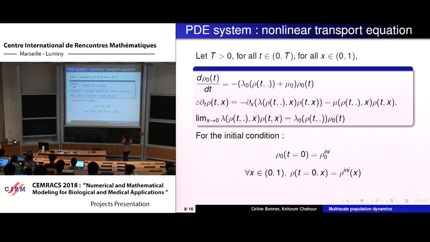So in the continuous case, we have a PDE system. In fact, it is a nonlinear transport equation. The dynamics of the quiescent follicles is clear.